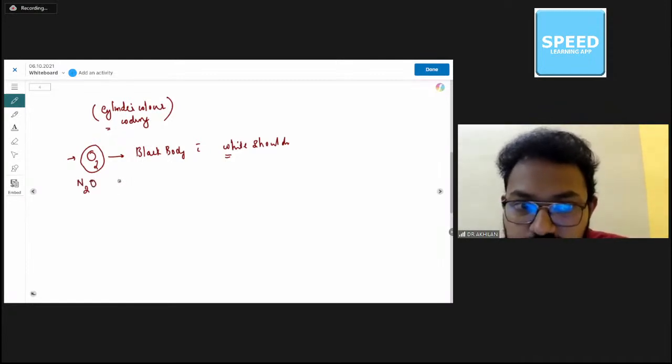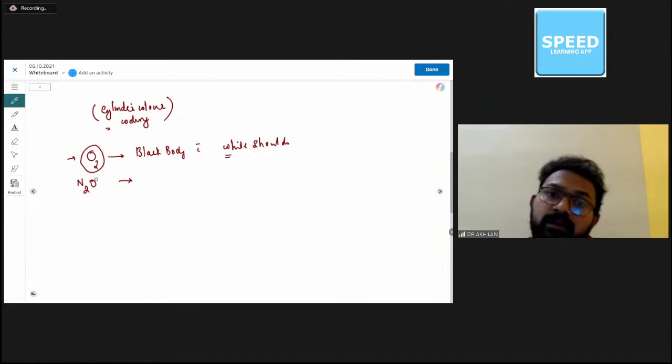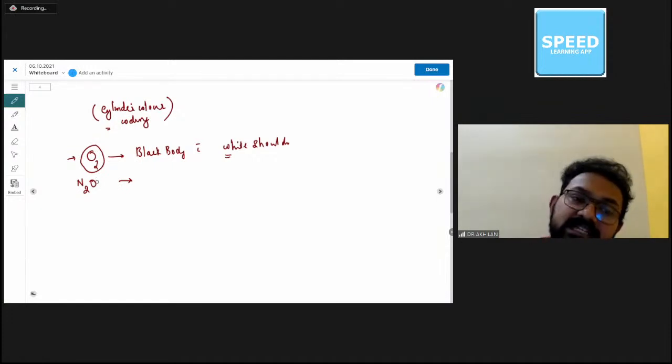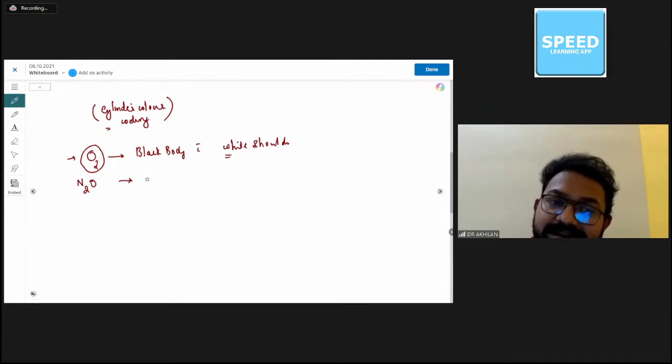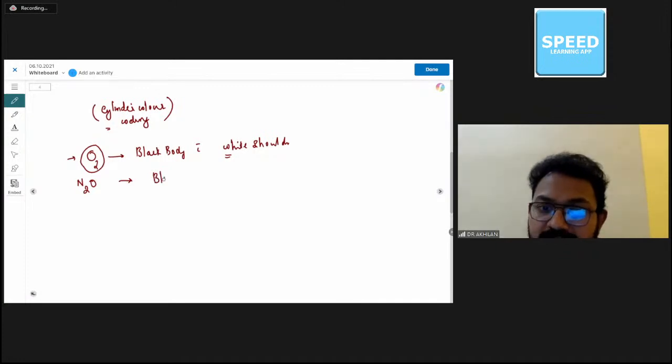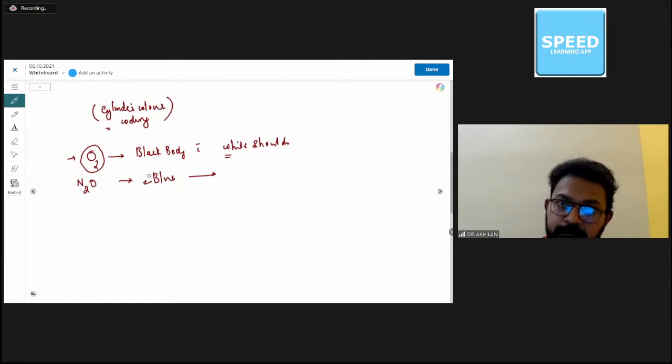You have another gas called nitrous oxide. These two are the most commonly used in your anesthesia machine, and the highest probability of an image-based question can come from these two cylinders. So what is the color of nitrous oxide? It is just blue, with a blue body and blue shoulders.